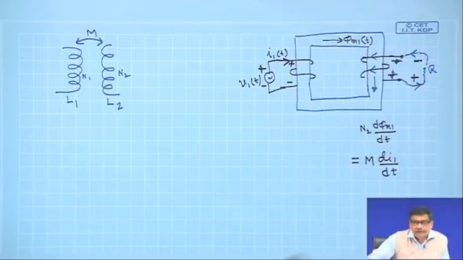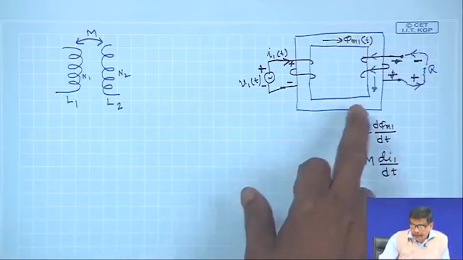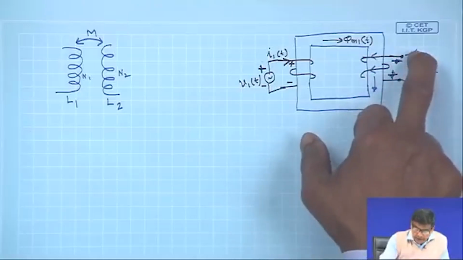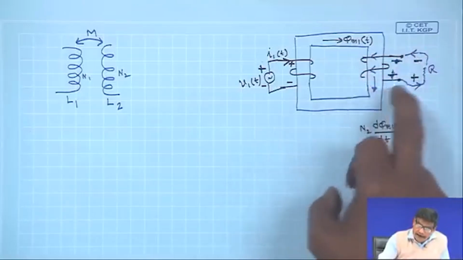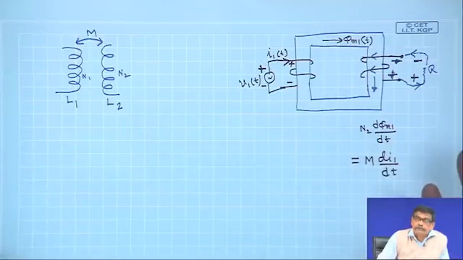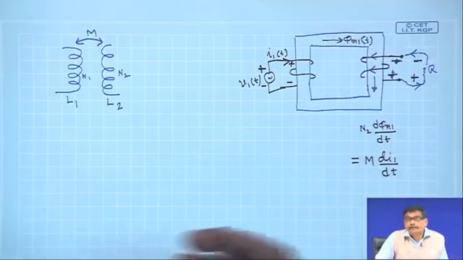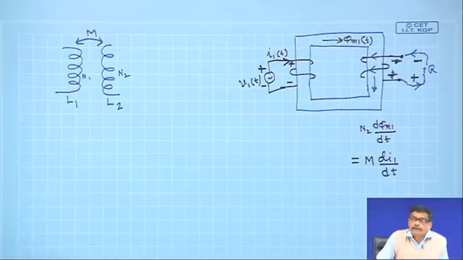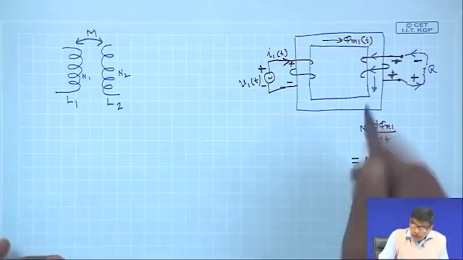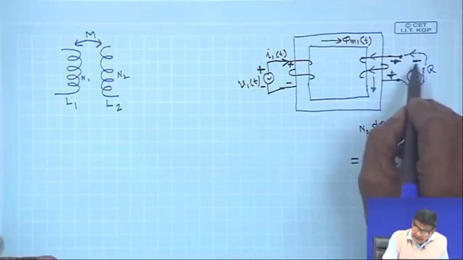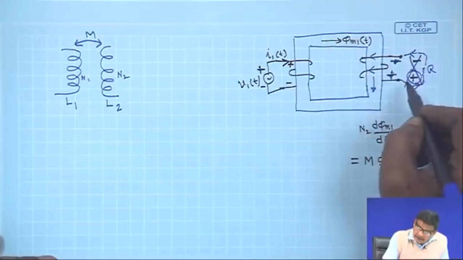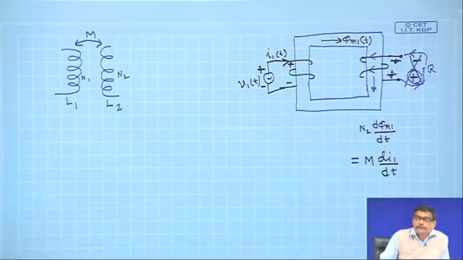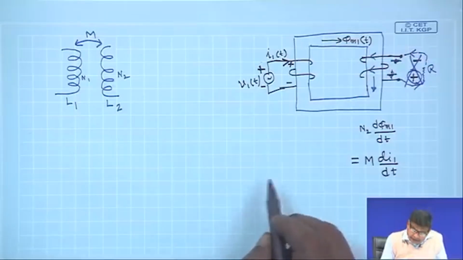To act means to pass some current. If this is the polarity assumed, then I find it cannot happen. In that case, flux will simply get strengthened, defying Faraday's law. So this cannot be, this is plus, this is minus. Let us try the other one.